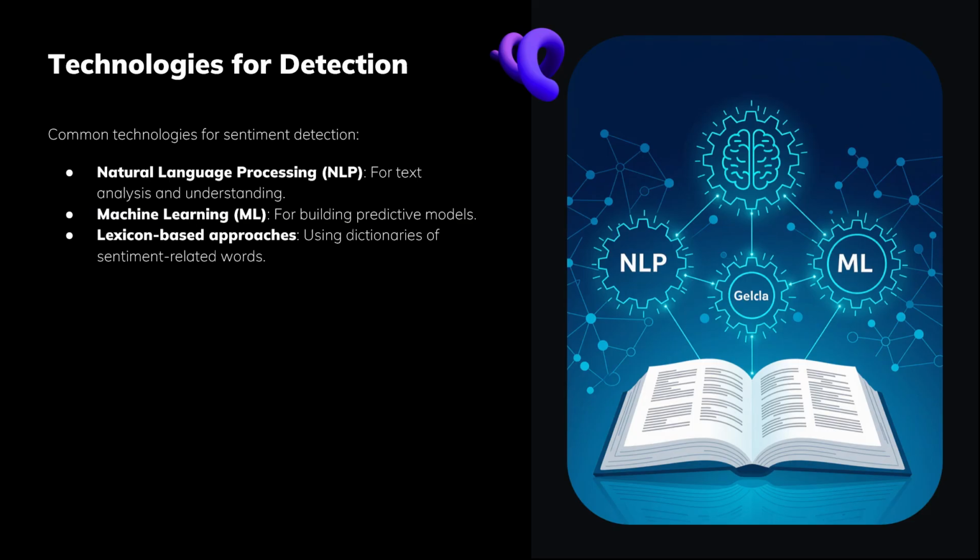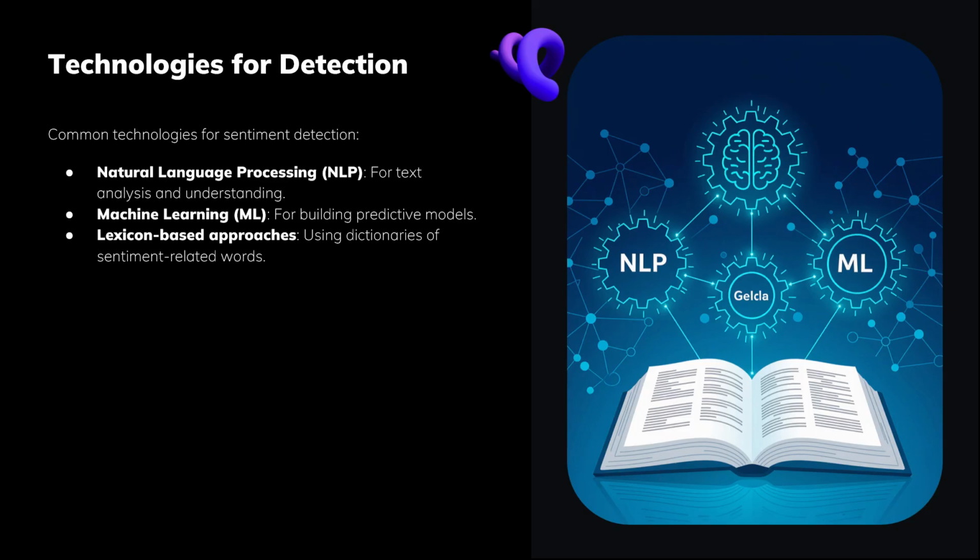So coming to the technologies for detection, several technologies power sentiment analysis. Natural language processing, or NLP, helps machines understand grammar and context. Machine learning models learn from labeled data to make predictions.